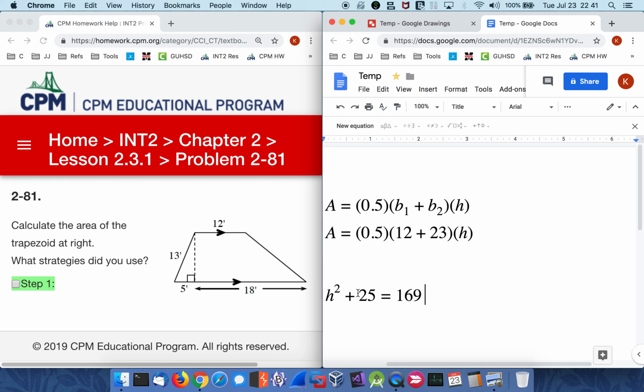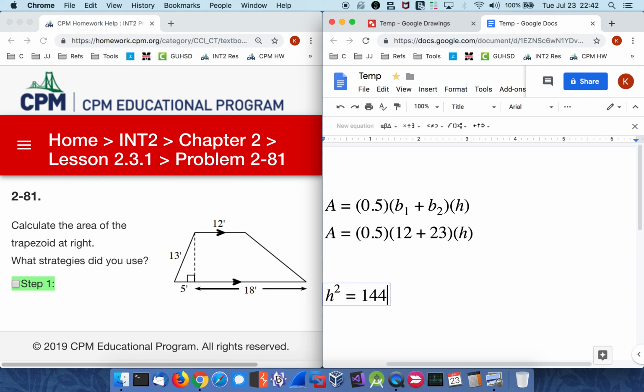And so now we've got h squared plus 25 equals 169. So let's subtract 25 from both sides. That gets rid of that, turns to 0, and then 169 minus 25 is 145. Is that right? No, 144. Right? Yeah, there we go.